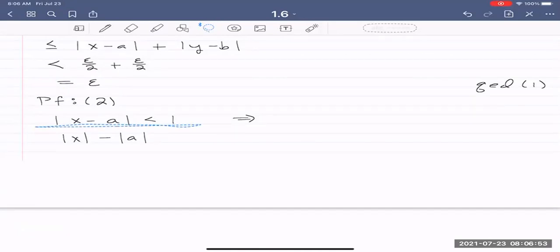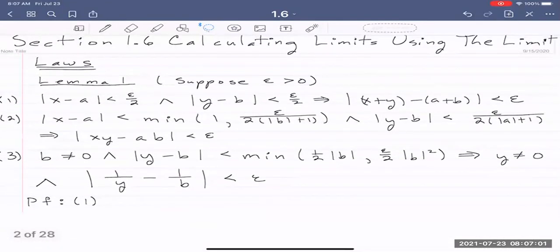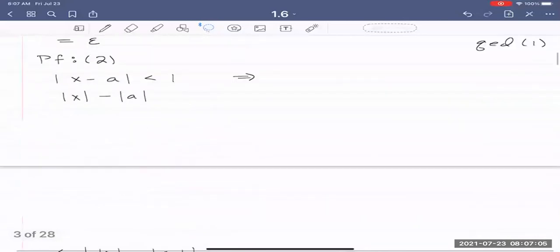Since |x minus a| is less than 1, it's the minimum, and so it's less than 1.